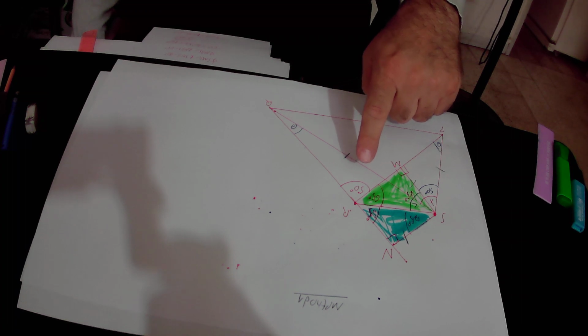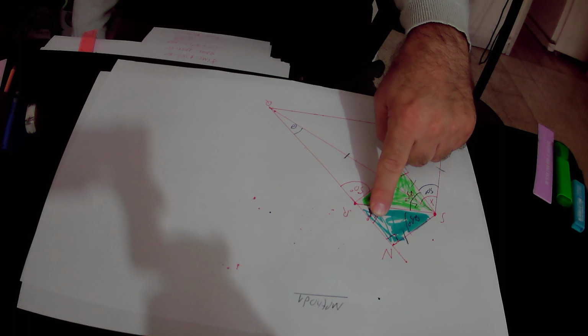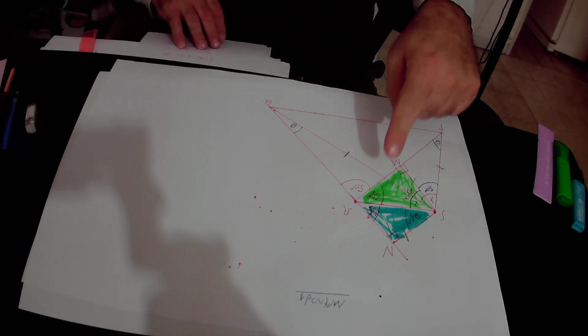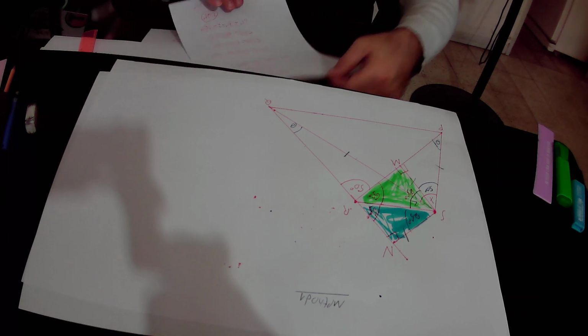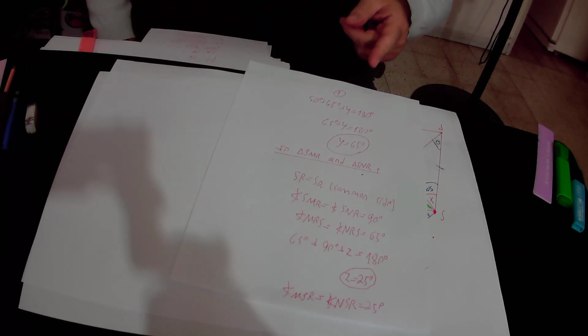So 50 degrees plus 65 degrees plus the size of this angle, which we define as angle Y, equals 180 degrees.